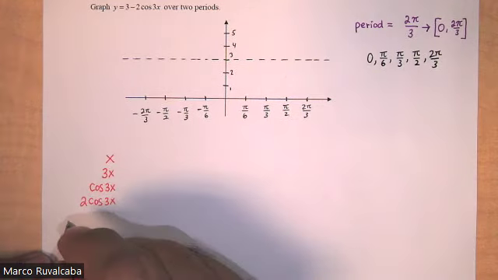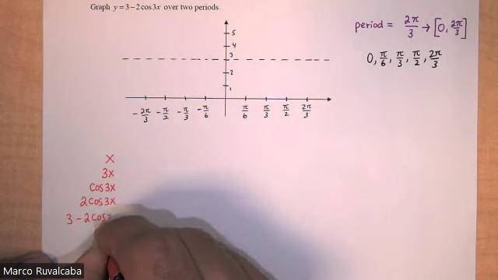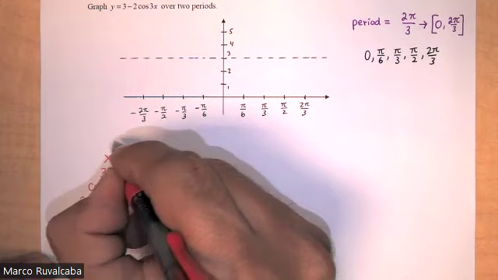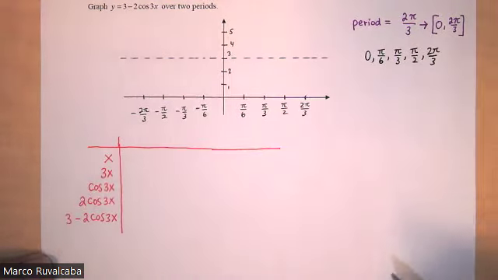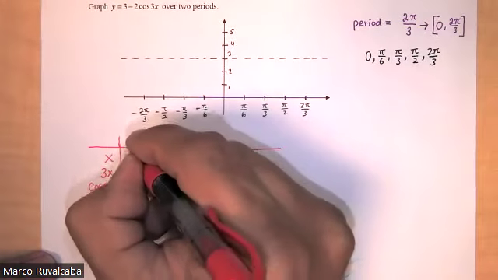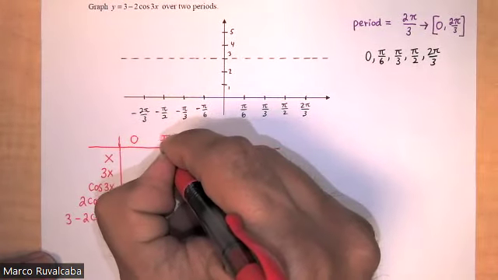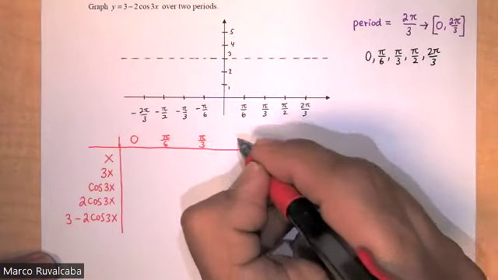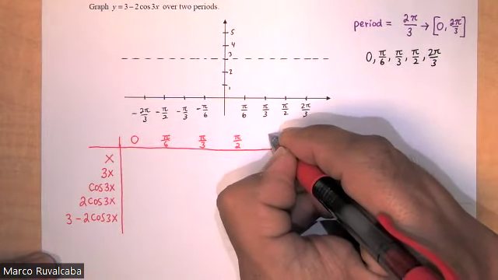And then we'll do the translation, which means 3 minus that. And our points are 0, our x values, right? Pi over 6, pi over 3, pi over 2, and 2 pi thirds.